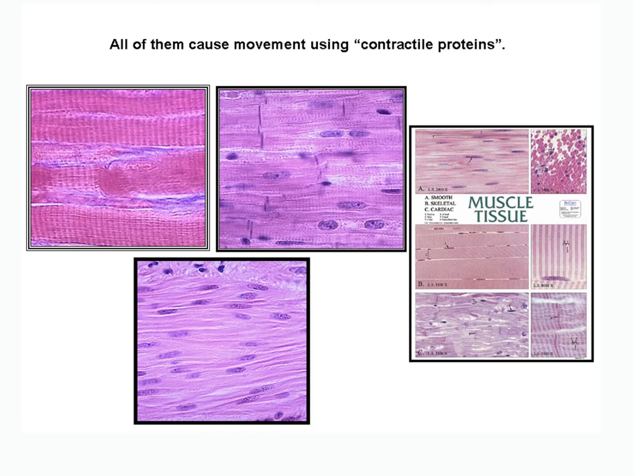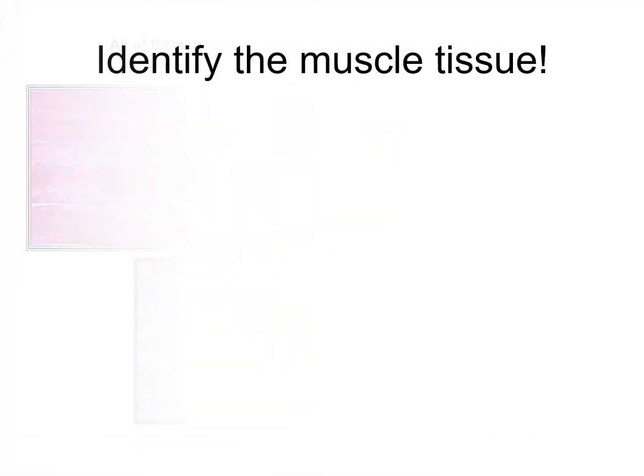So instead, the tissue looks smooth. What you'll notice with the smooth muscle tissue is it's composed of cells that tend to be sort of fat in the middle, and they taper toward the ends, and they have these flat, elongated, centrally located nuclei.